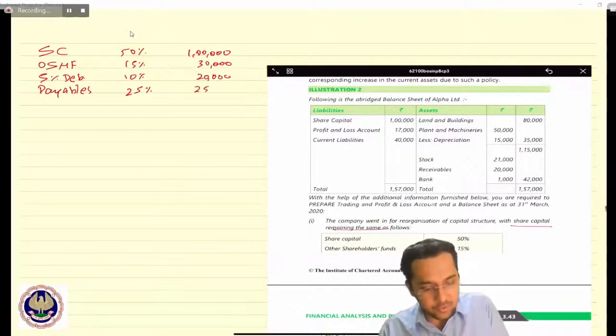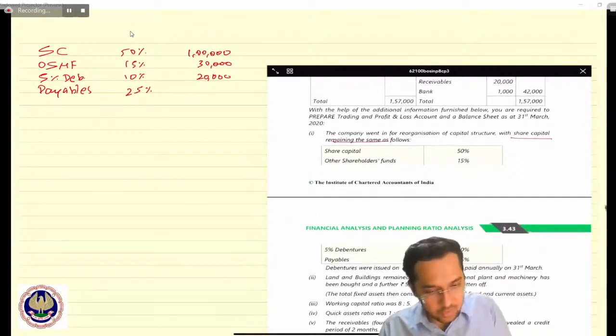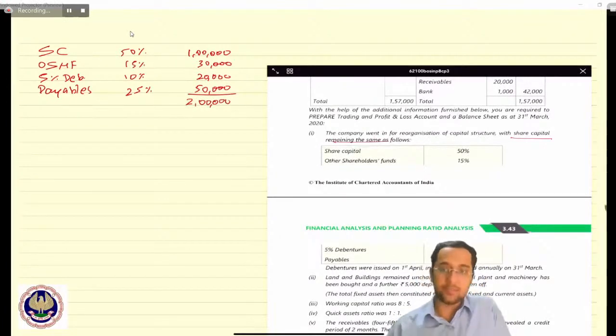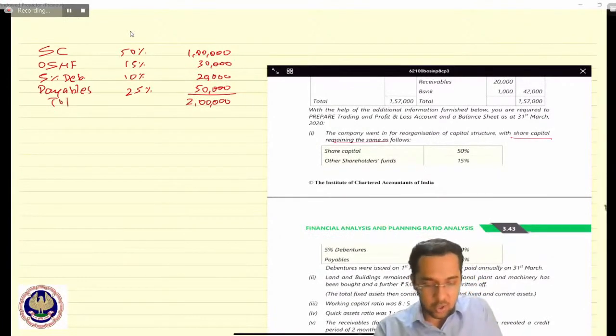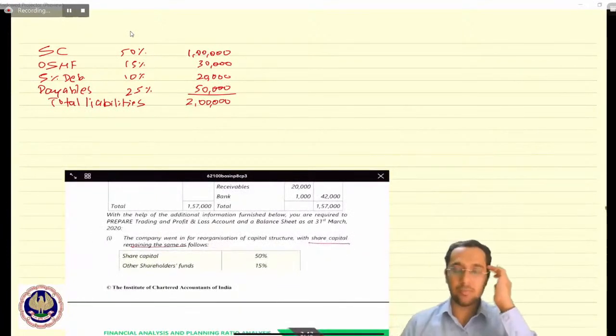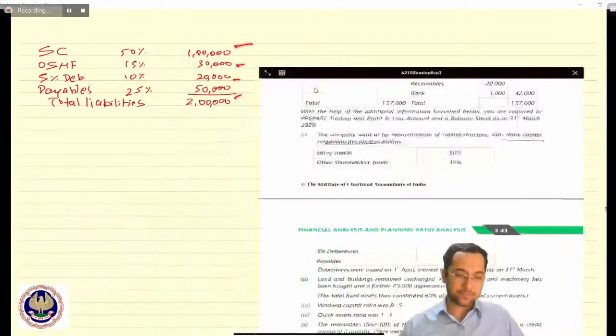For 25%, it should be 50,000. So the total of our liabilities we get is 2 lakh. This is the total of all liabilities, right? So if I prepare a balance sheet in my mind, the liabilities comprise these 4 items. Now let's go into the other things.